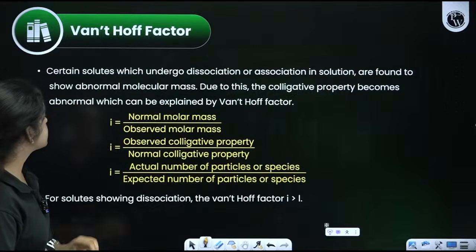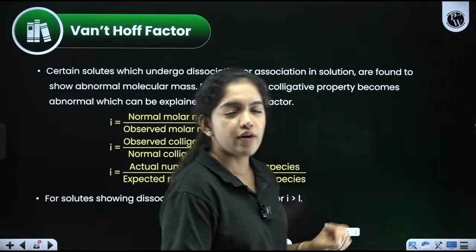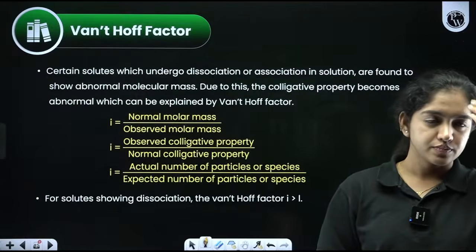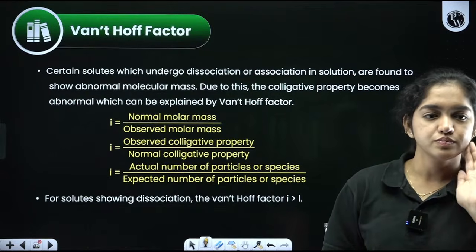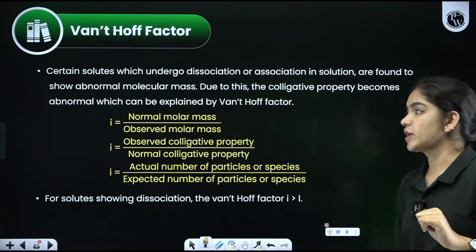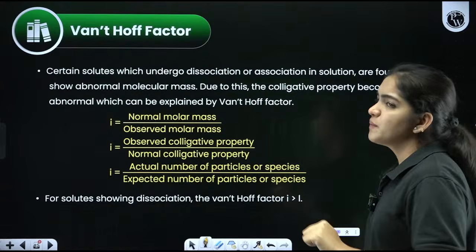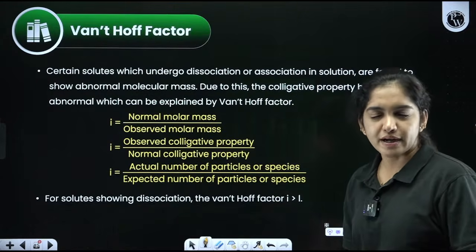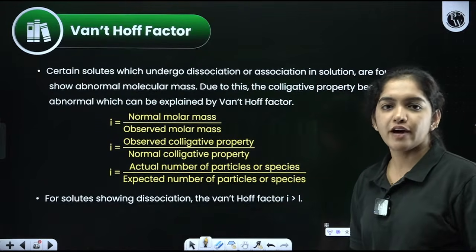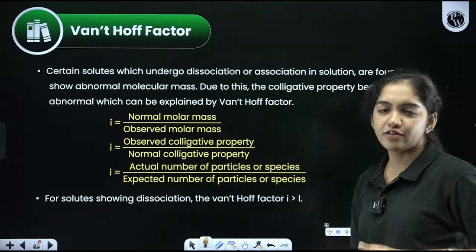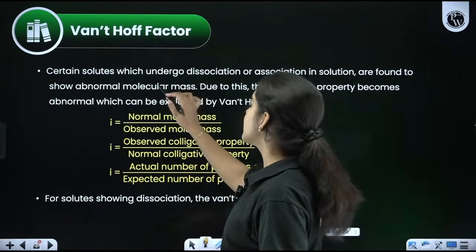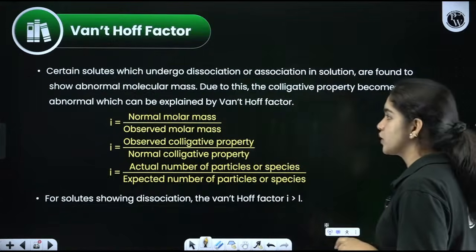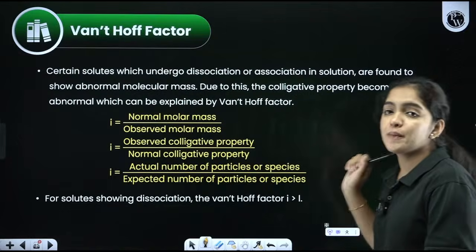Then the last one is the Van't Hoff factor. Sometimes the colligative properties we get won't be the expected value; there will be some difference. When the solute undergoes dissociation or association in the solution, it shows abnormal molecular masses.